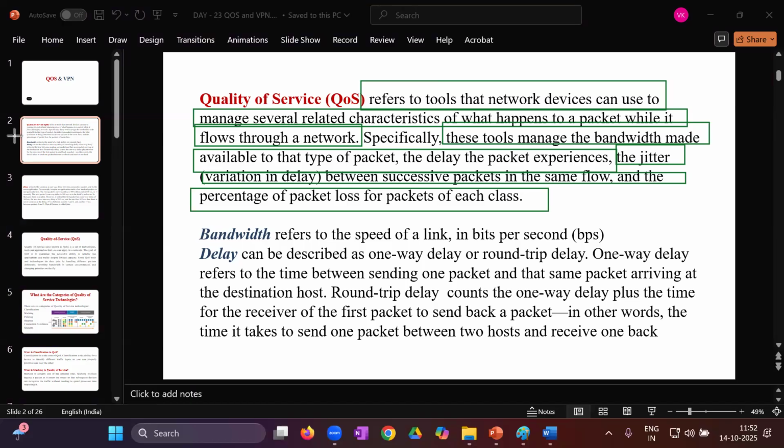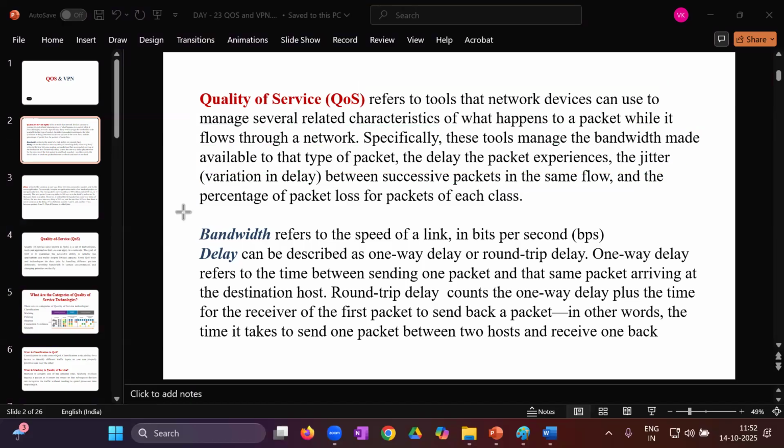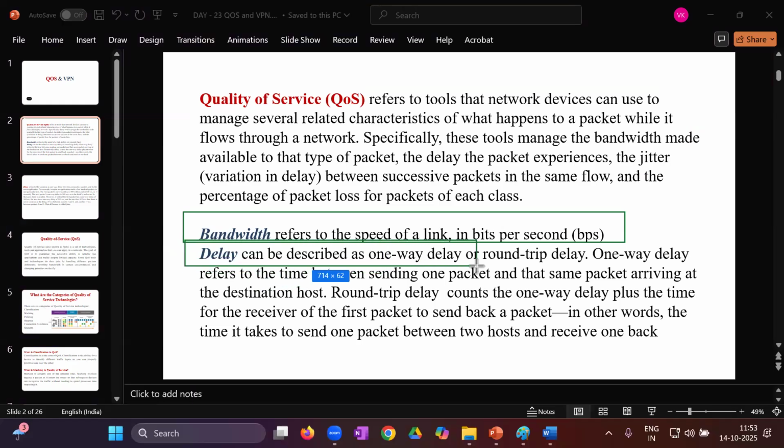Now in this, we will be having one bandwidth. What do you mean by the term bandwidth? Bandwidth refers to the maximum speed of the link. What is the maximum speed it can provide you for transmission purposes? It is measured in bits per second. Now, delay can be described as one-way delay or round-trip delay.